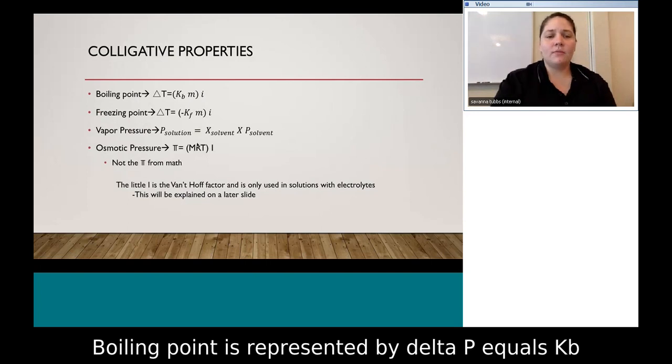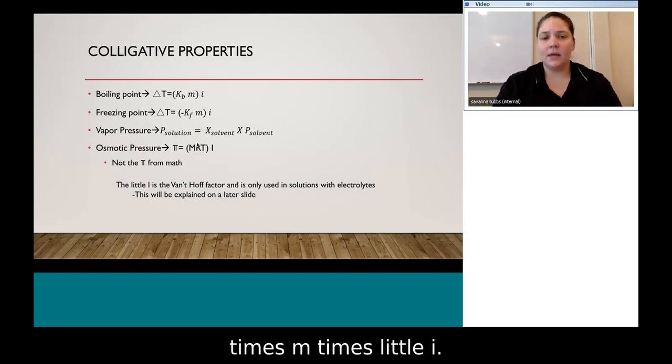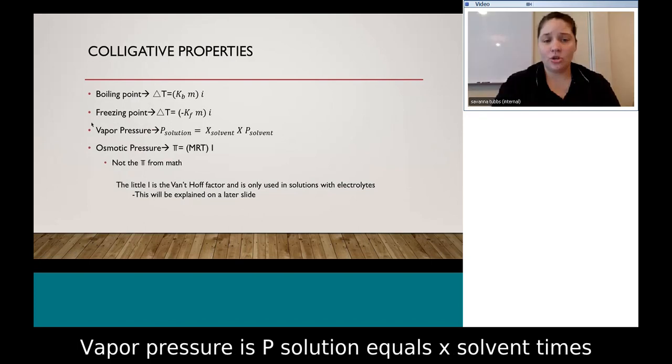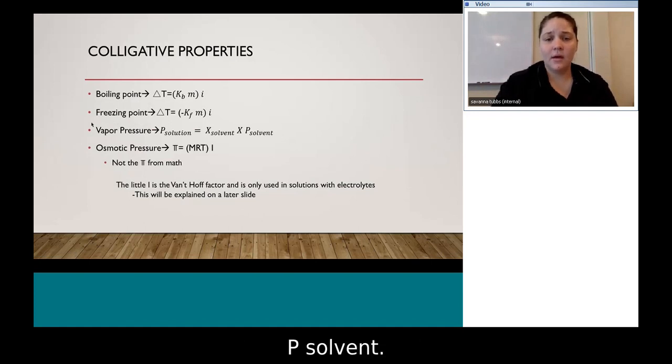Boiling point is represented by delta T equals Kb times m times little i. Freezing point is delta T equals negative Kf times m times i. Vapor pressure is P solution equals X solvent times P solvent.